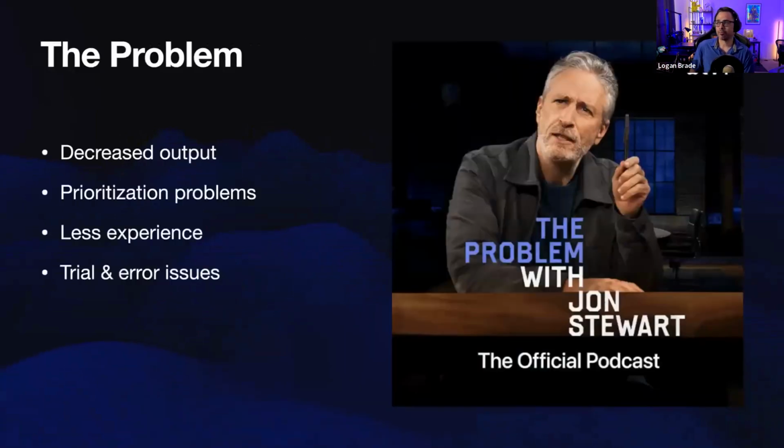So the problems. By splitting our app dev team, we ended up having decreased output. The output was great from the beginning, but as time went on, we realized that when there were challenges, new feature updates, and bugs, we had a new prioritization problem with our team. We had to essentially say, do you want this mobile app dev stuff done?